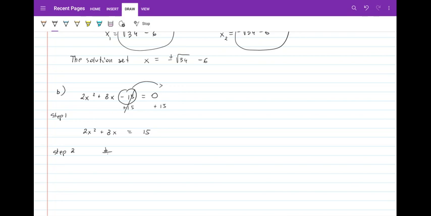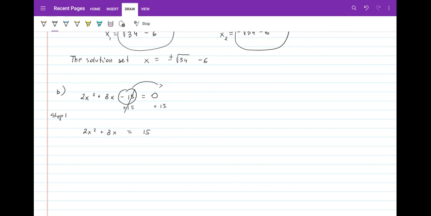Step 2, we need to calculate that b over 2. So b, it's 8, divide by 2, we're having 4. Keep that in a cloud, because knowing this, you already will know what you will have in the parenthesis. Okay, I'm sorry, before I continue, this is a different example, a little different.